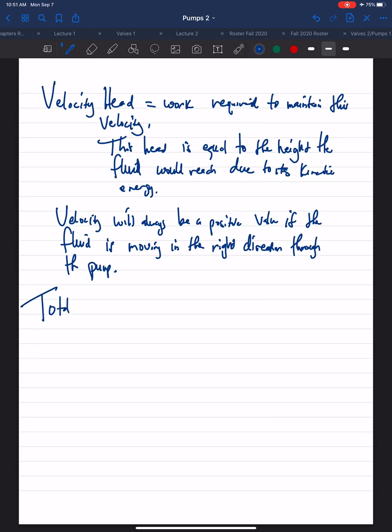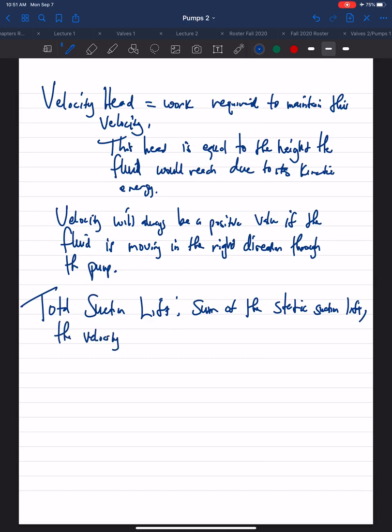So now total suction lift is the sum of the static suction lift, which we just calculated, the velocity head, and all frictional losses in the piping and fittings.